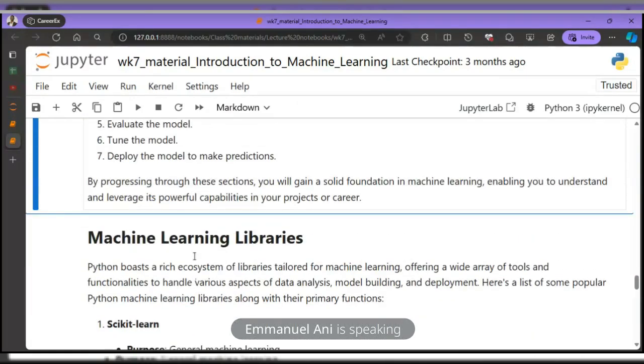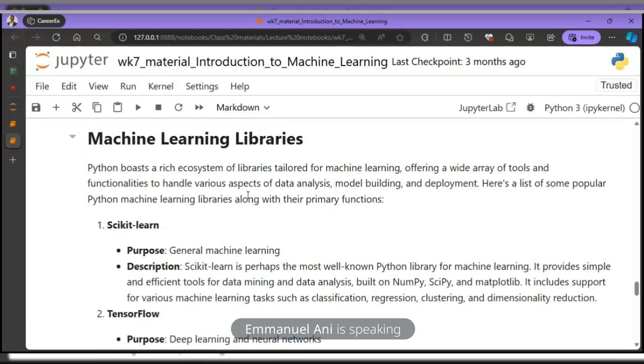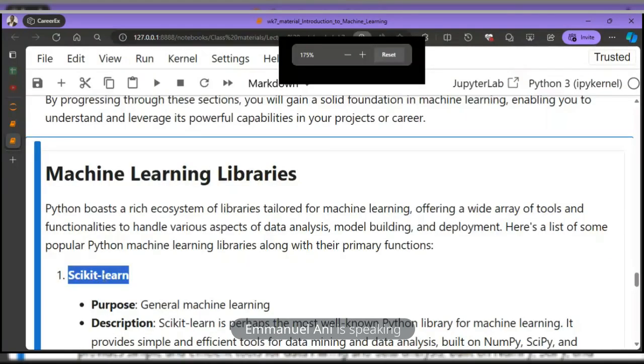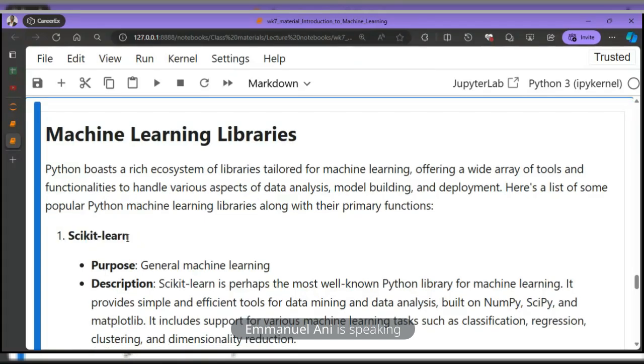Now let's look at the libraries we're going to be using. Remember, we've been using different libraries for different tasks. So for machine learning, we're going to be using a specific library to do all the things we'll be doing. And in the course of this program, we're going to be using scikit-learn, right? Scikit-learn is a machine learning library in Python that can perform a whole lot of machine learning tasks.